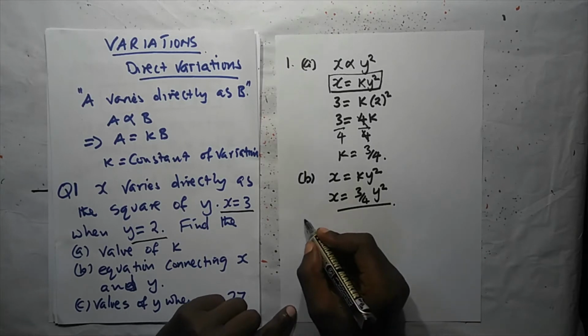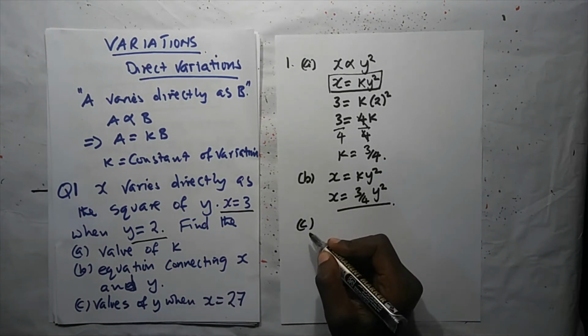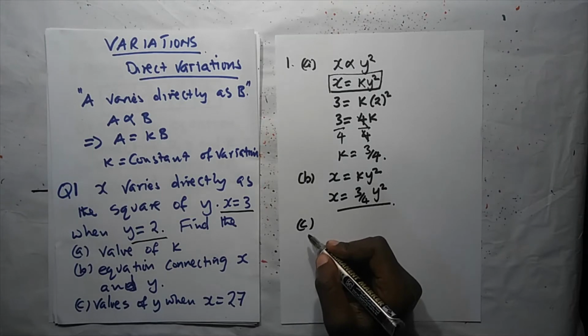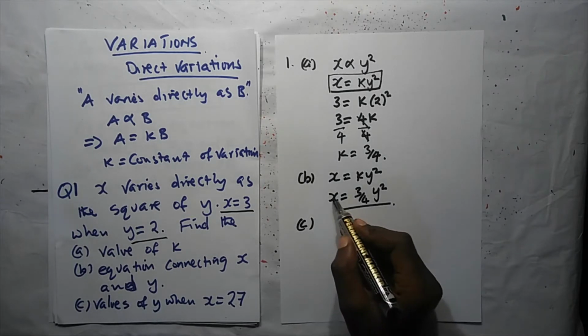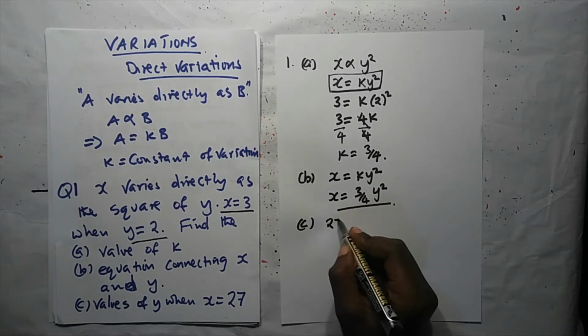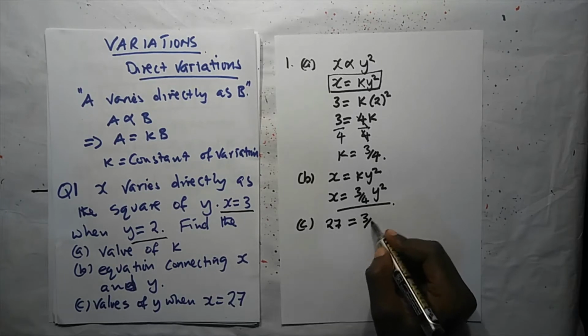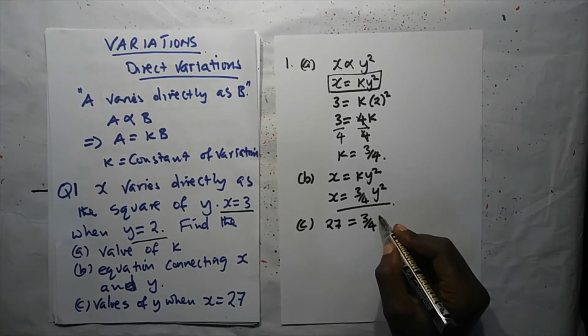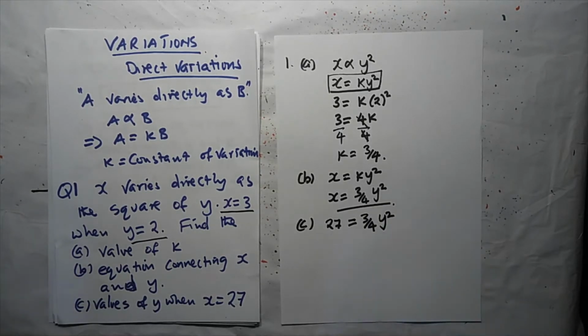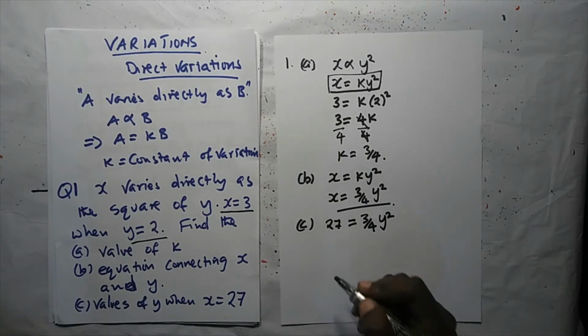Then the last part of the question, part C of the question, says find the values of Y when X is 27. So here where there's X, we are going to replace X with 27. So you have 27 is equal to 3 over 4 Y squared.